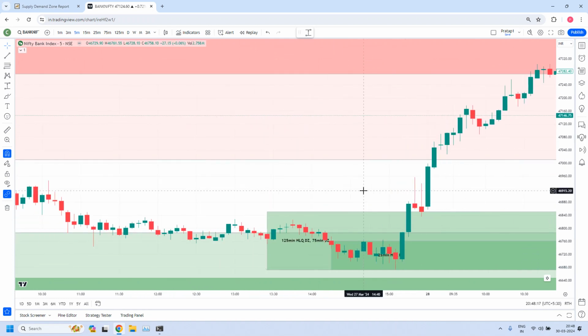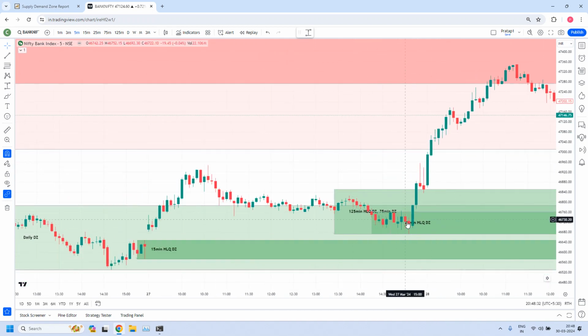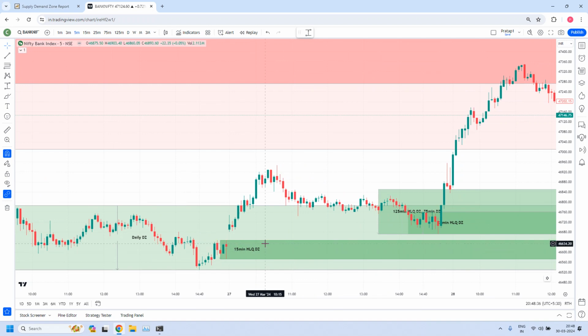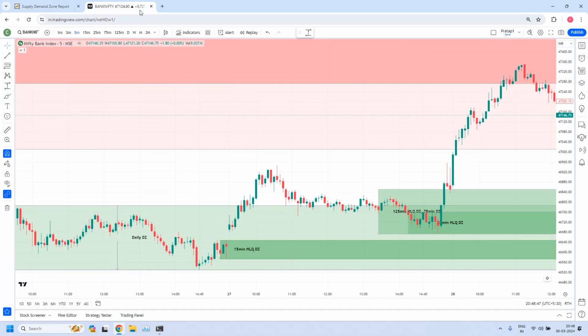So in the fine-tuned area, can you draw a zone here? Yes, you can draw a zone. This could be a drop candle, 1, 2, 3, 4 base candles. That way you can draw a 5 minute zone. So fine tuning is possible here. This is the one, 26/3, 14:35.